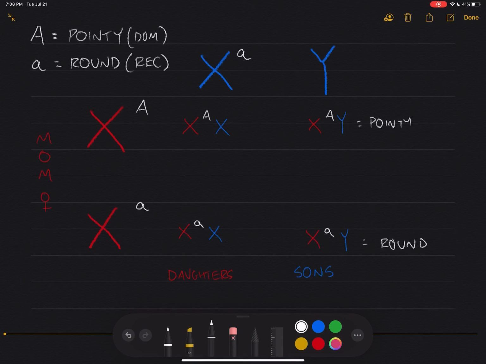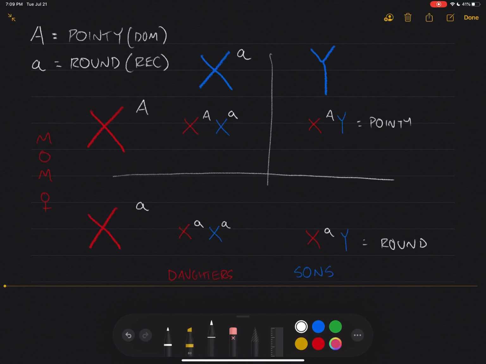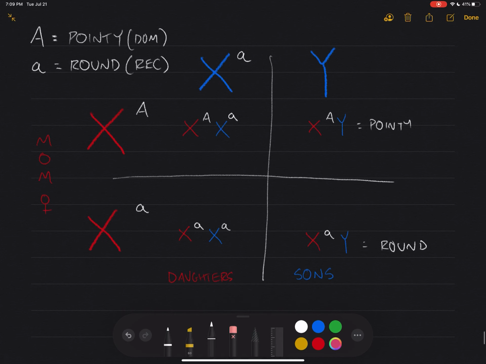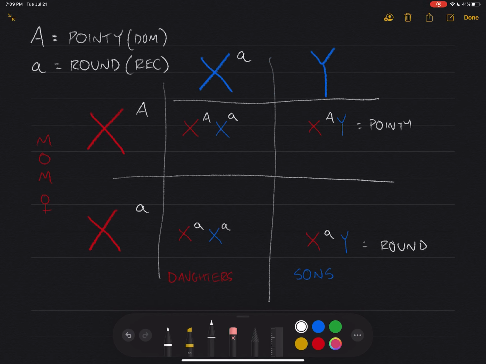For the daughters, this is going to be a lowercase a, and this is going to be a lowercase a, okay? So that's our Punnett square. If you prefer an actual square, we can cross it like this. Okay, this is our Punnett square.